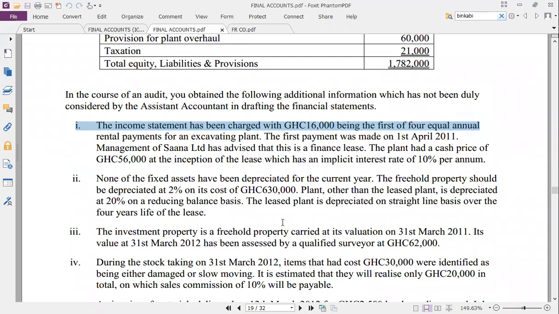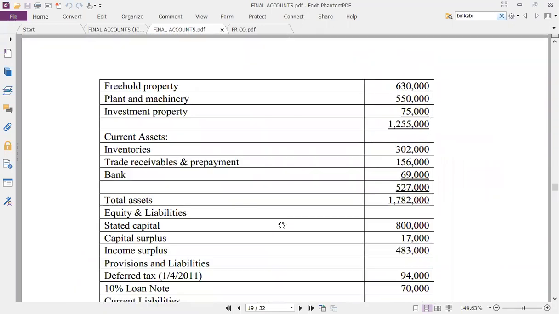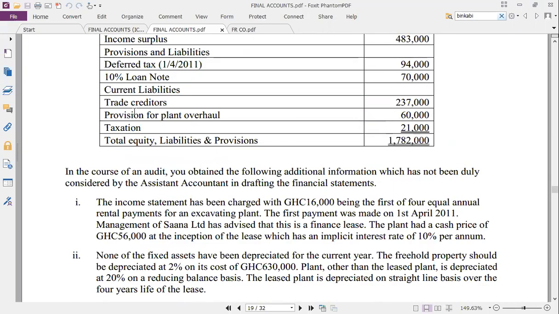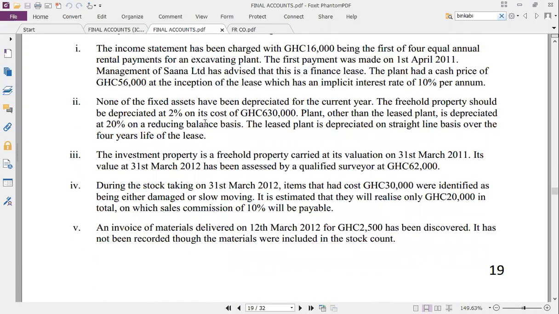So go and compare with investment property. The investment property is 75,000, that's the fair value at the start. But the fair value at the end is 62,000. So this is a fair value loss.